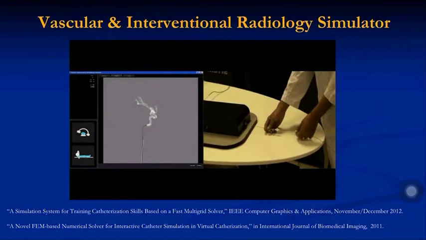With this kind of virtual environment, we can shorten the required training time in a repeatable and configurable manner, so that we can construct different cases. The user can try different cases until they are very confident about that kind of procedure.